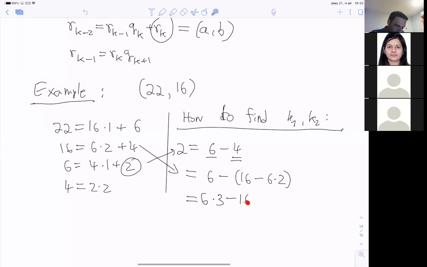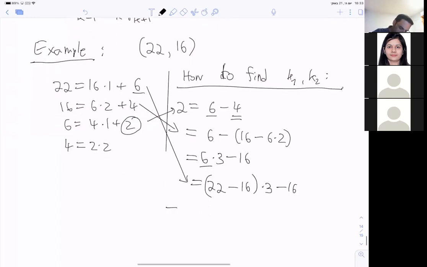Now I have 6 and 16. 16 is already the queen. If this is the king, this is the queen. We reach the queen, but we still have to get rid of this remainder. Here it is. So this is the last stage. Instead of 6, we are going to involve the queen and the king, writing 22 minus 16 multiplied with 3, minus 16. And now we get together only the queen and the king.